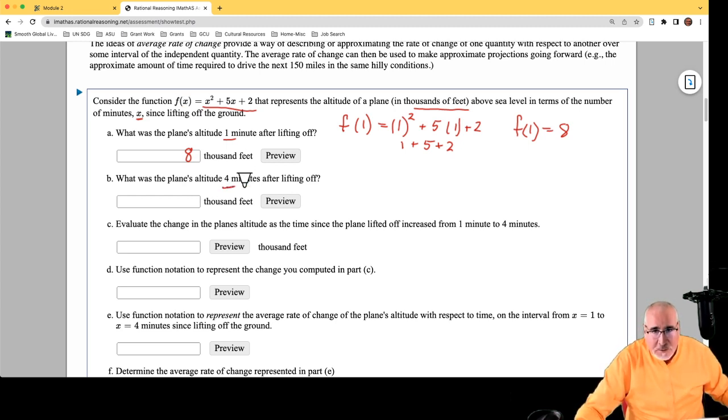What's the altitude after 4 minutes? We do the same thing we did with 1, except now we plug in 4.